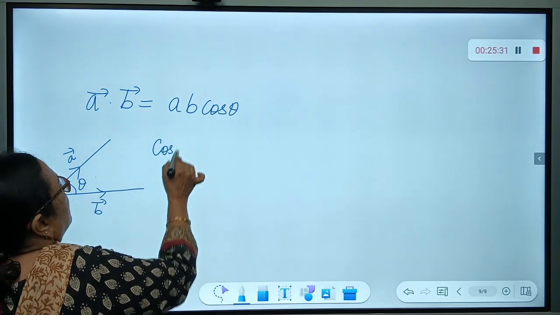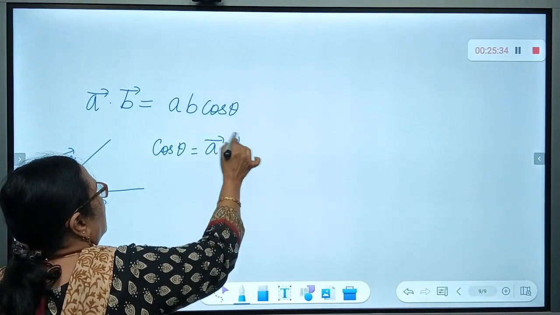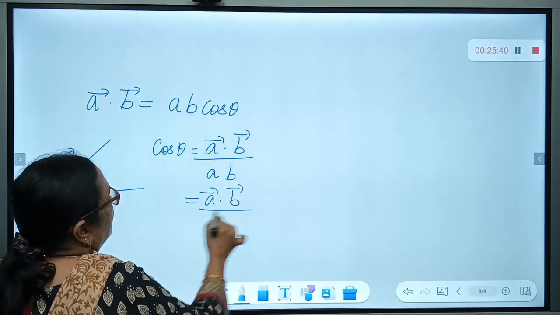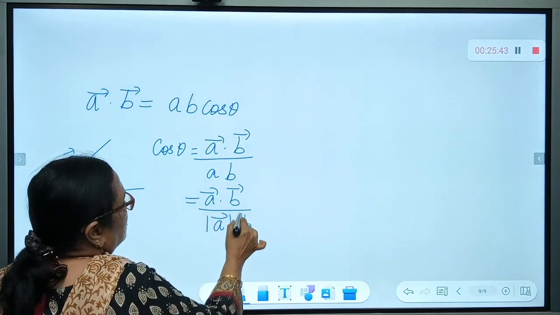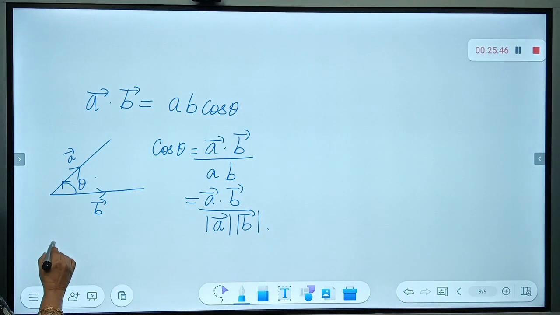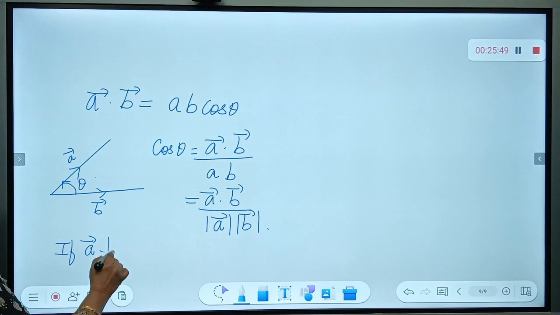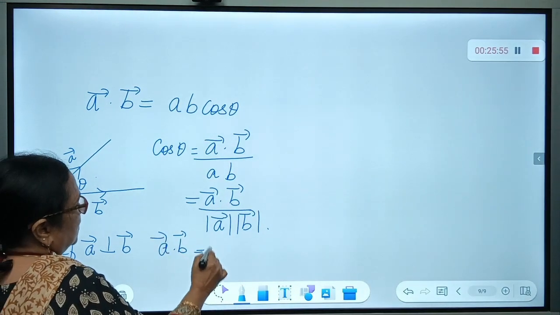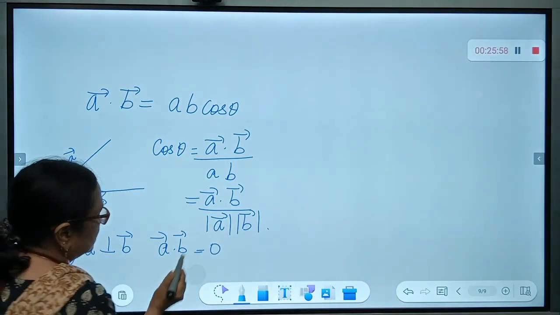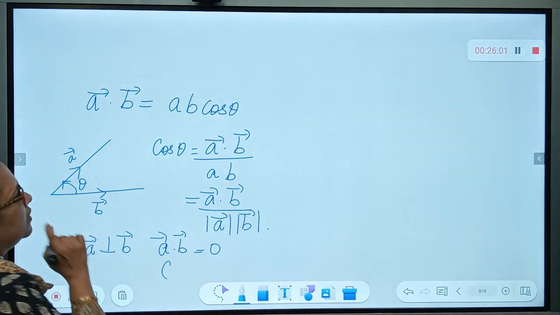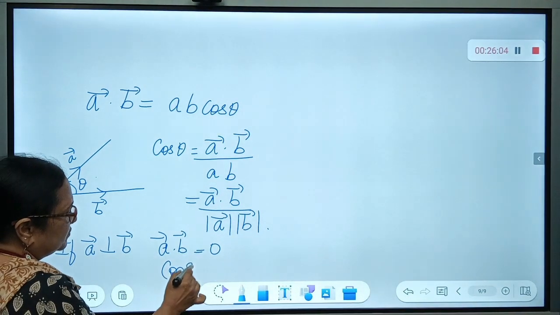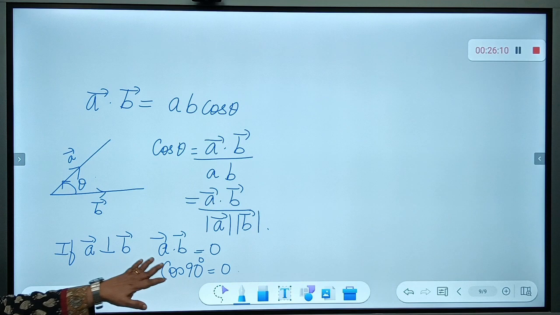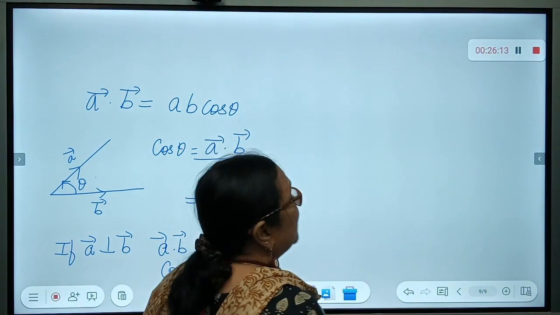So cos theta will be A dot B by AB, which is the same as A dot B by modulus of A into modulus of B. So if A vector is perpendicular to B vector, then A dot B is 0, as cos 90 is 0.